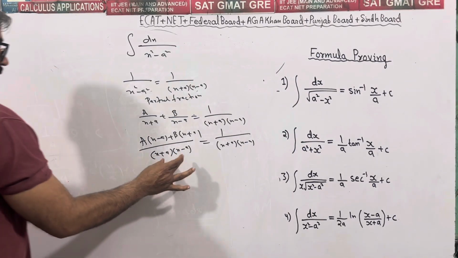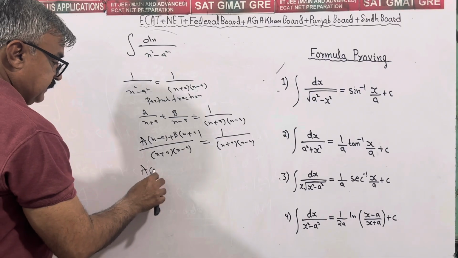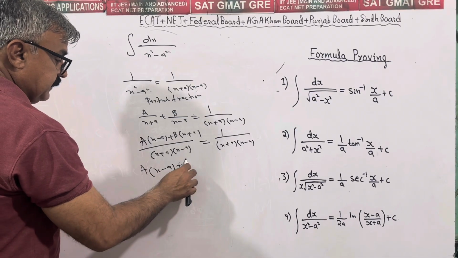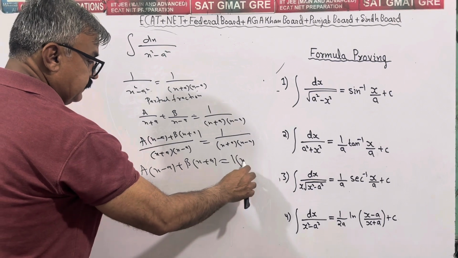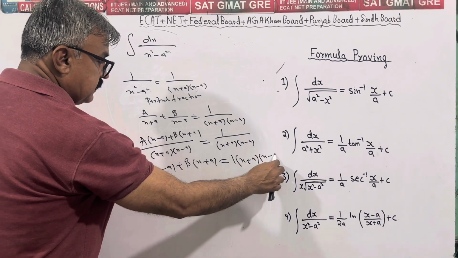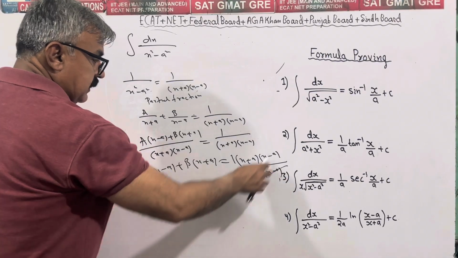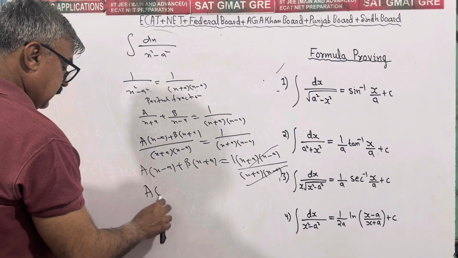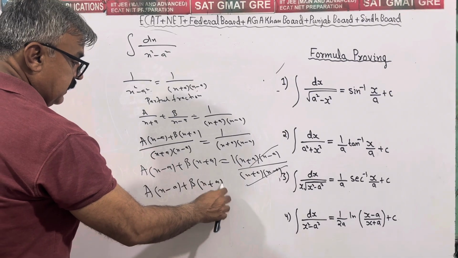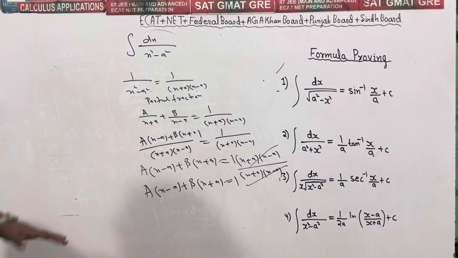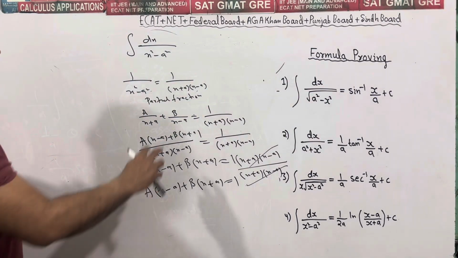Shift x plus a times x minus a to the right-hand side in multiplication, and it cancels out. A times x minus a plus B times x plus a is equal to 1.